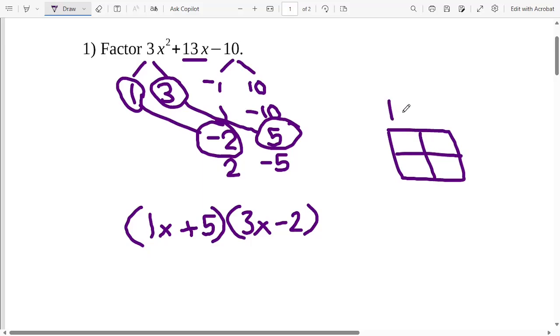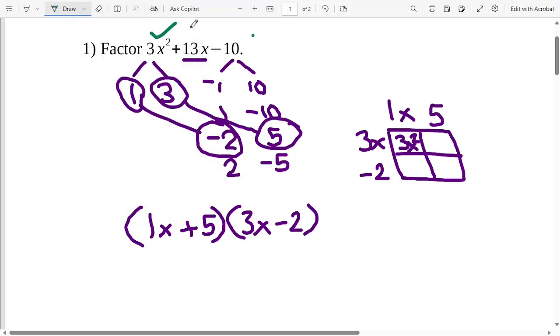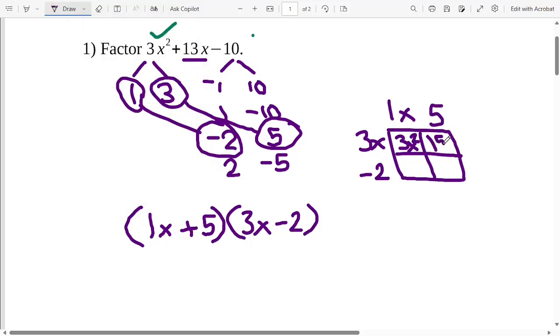So I have 1x plus 5 here and 3x minus 2 here. 3x times 1x is 3x squared. That's the first term I want, so this part checks out. And then if I do 3x times 5, that's 15x. Should have made this a little bit larger.